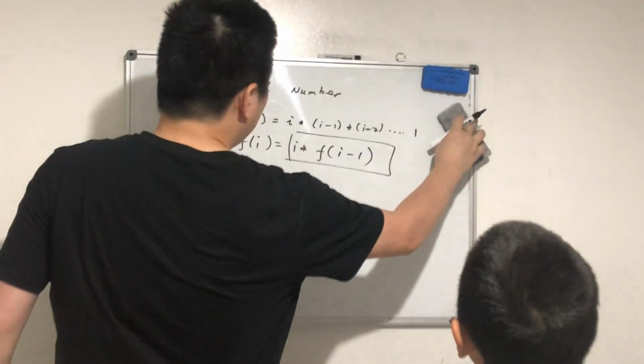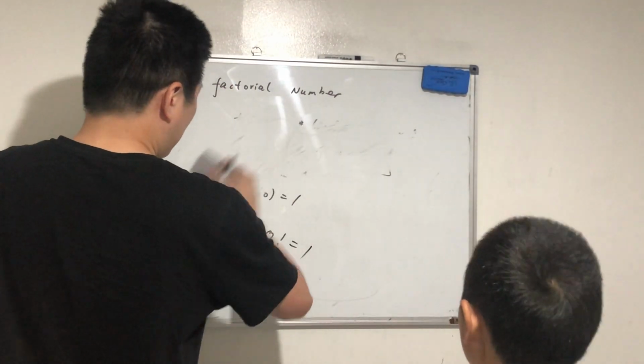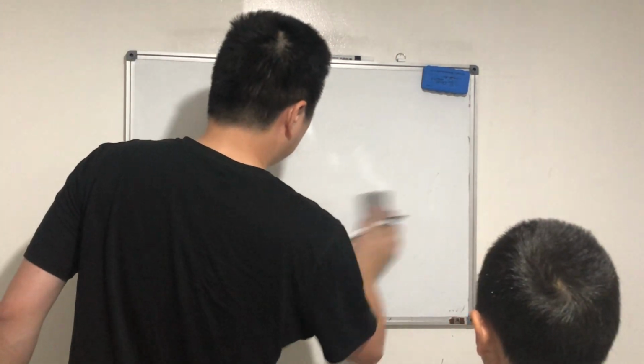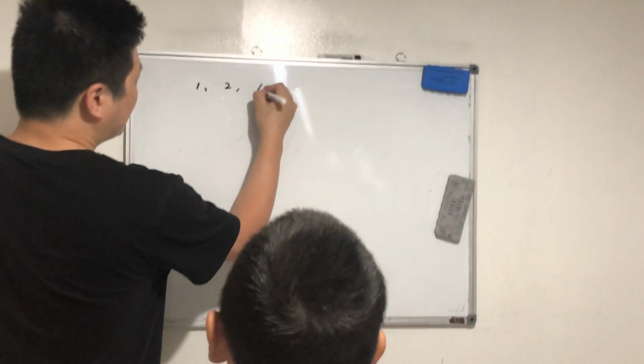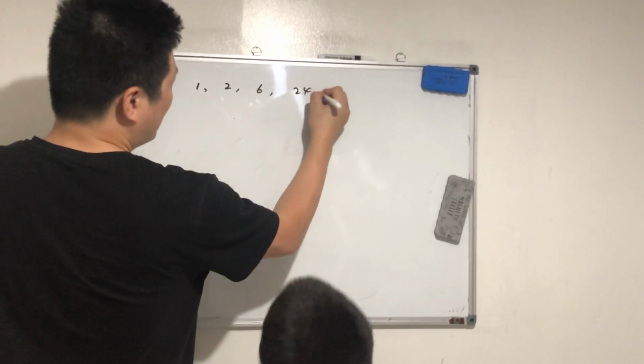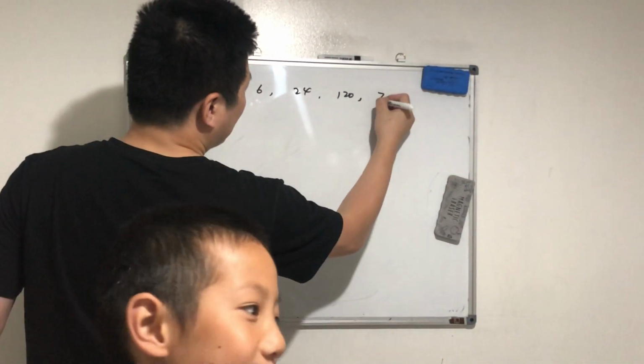Okay, so I erased a little bit too fast. Look, the first few are 1, 2, 6, 24, 120, 720.